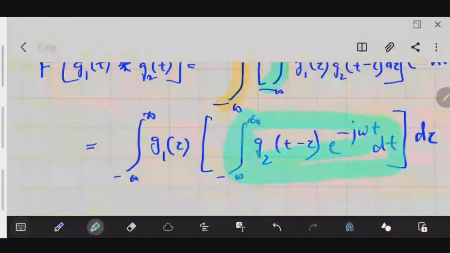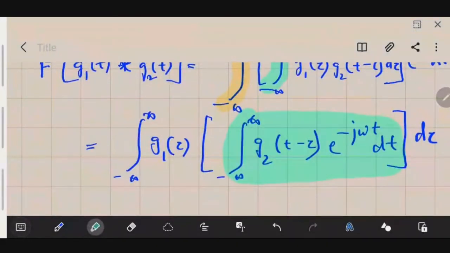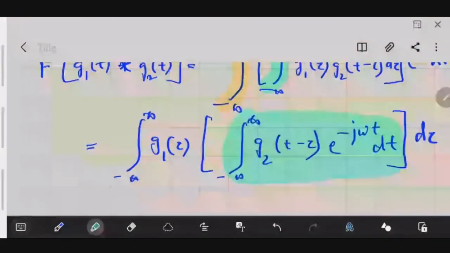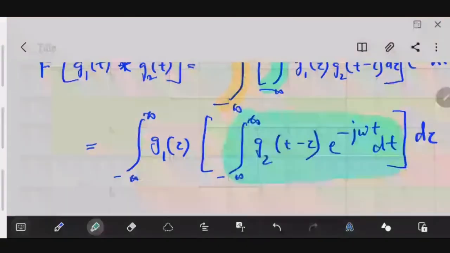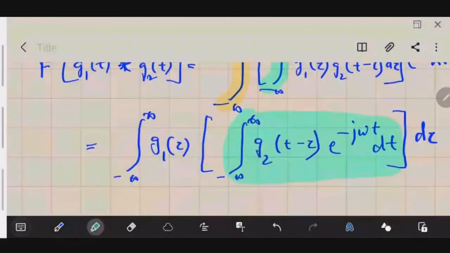What you see here is a signal g2 of t minus tau, and e to the power minus j omega t is multiplied with it, and the integral is from minus infinity to infinity, which means this is nothing but the Fourier transform of g2 of t minus tau, as per our understanding. So what we can simply do here is use the time shifting property of the Fourier transform.